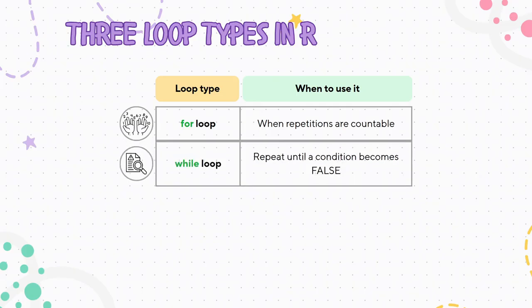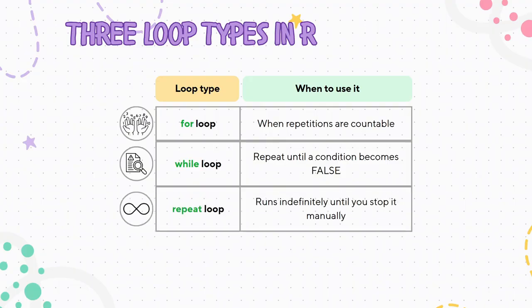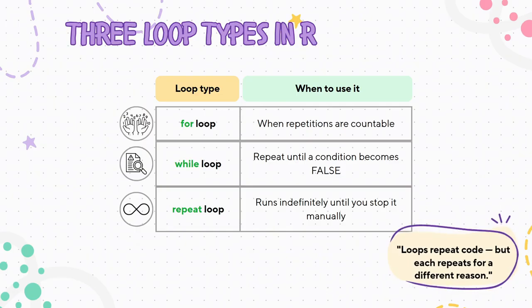Next up, we have a while loop, which repeats something while a condition is true. That is, while loops repeat themselves until a condition becomes false. And then finally, we have the repeat loop, which runs indefinitely until we stop it manually. And like I said, all of these loops repeat code, but each repeats for a different reason.